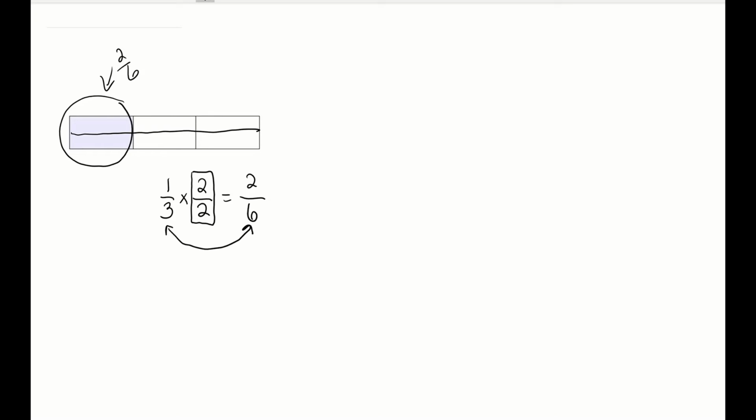Look, the whole is broken into more parts. 1, 2, 3, 4, 5, 6. The unit is 1/6. But because the size of each part is smaller, I know it would take 2 of these 6 to be equivalent to just 1/3.